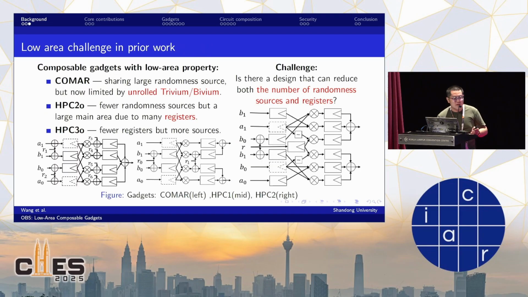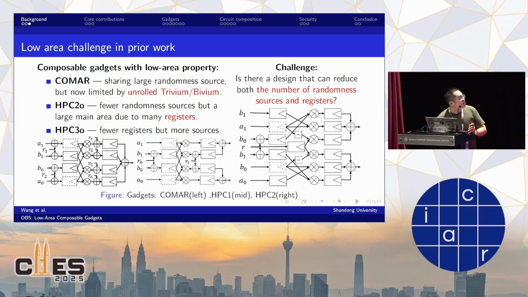So in the low-area challenge, we revisited some older gadgets and found the following situation. The composable gadgets with low-area properties are the following. COMA relies on sharing a large amount of shared randomness, such as from a PRNG or LFSR, but is limited by the unrolled Belvin algorithm published last year, which introduces a low-area PRNG.